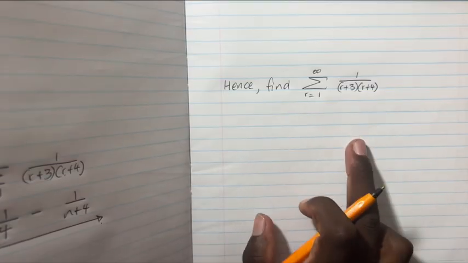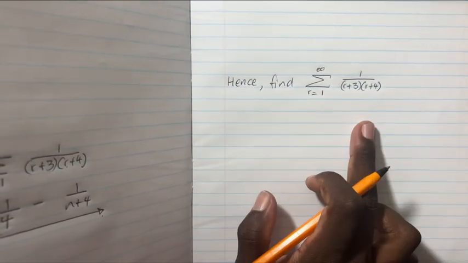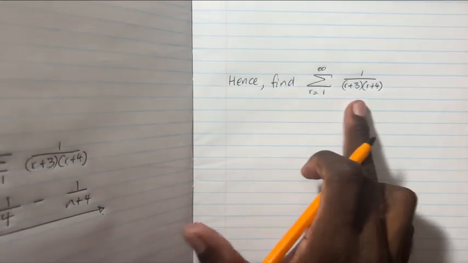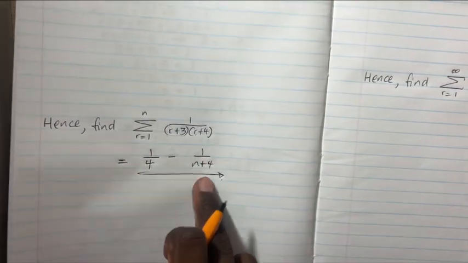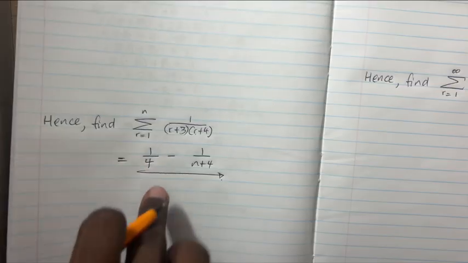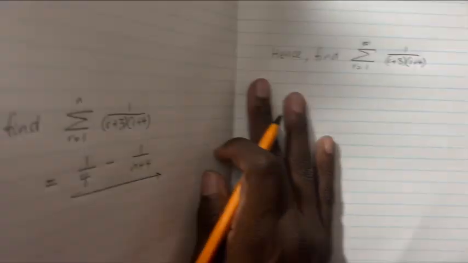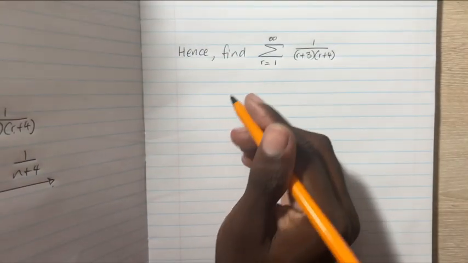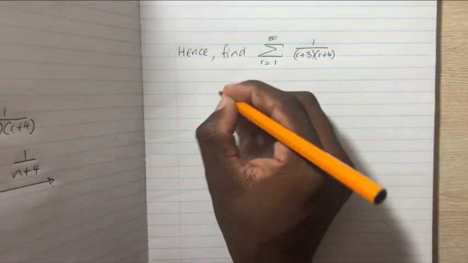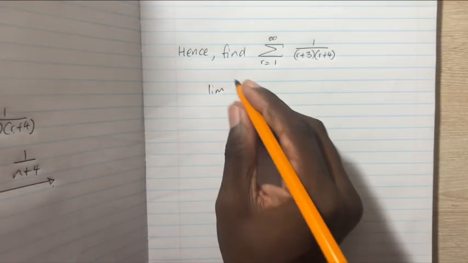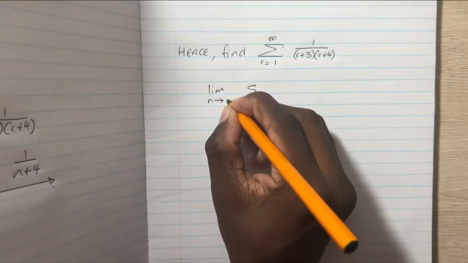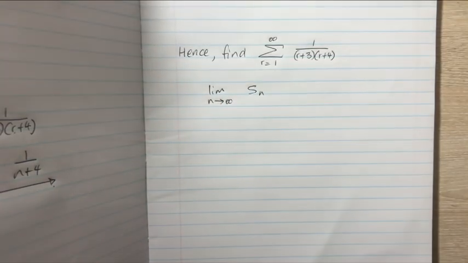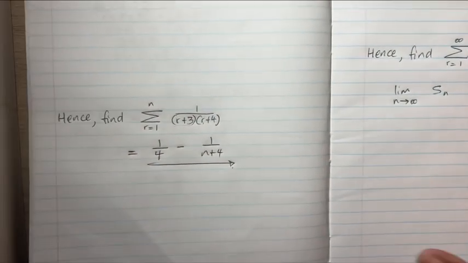Okay, this is what I can help you guys with. The sum to infinity. If they say find the sum to infinity of something you've already reduced into something like this, a shorter version that doesn't have sigma notation inside of it, this is what you do. You find the limit as n approaches infinity of the partial sum.